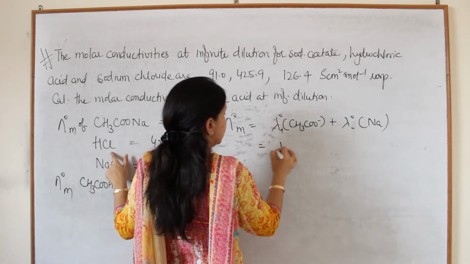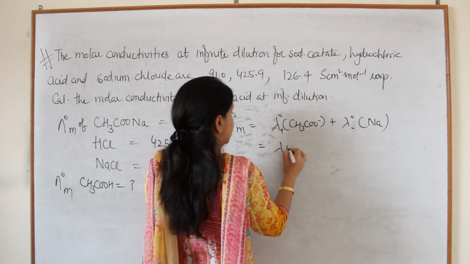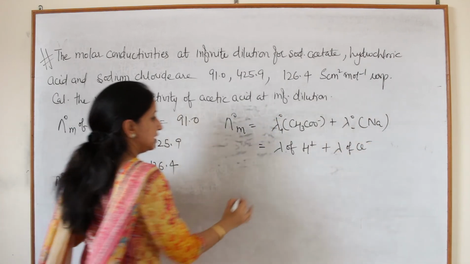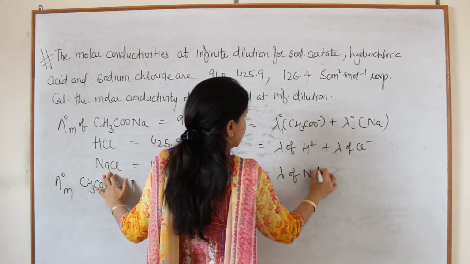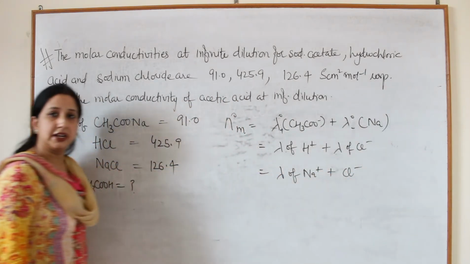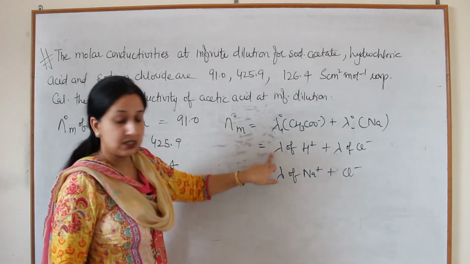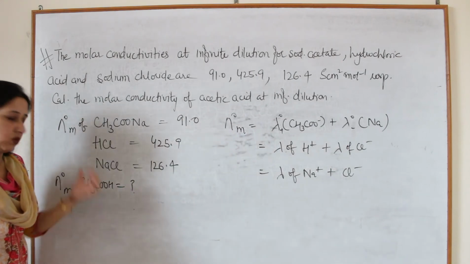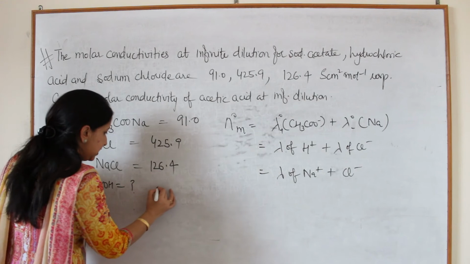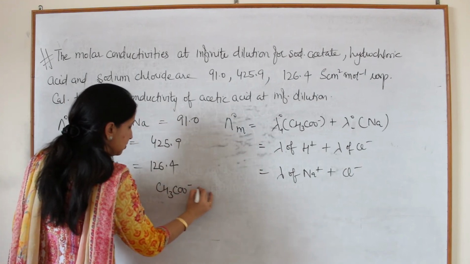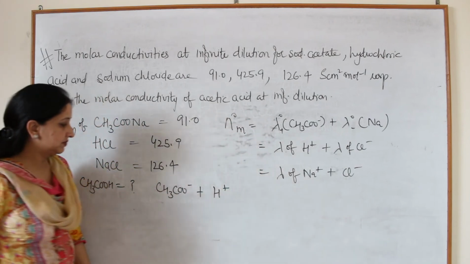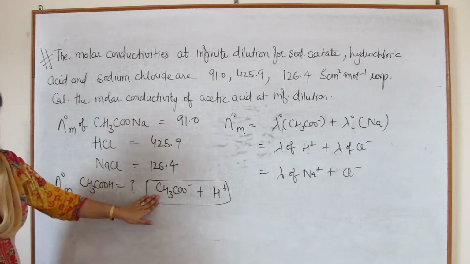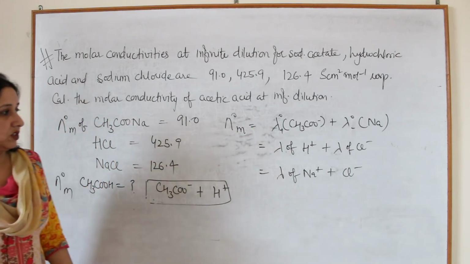Similarly, it can be lambda of H positive plus lambda of Cl negative, and this will be equal to lambda of Na positive and Cl negative. With the help of these three equations, we have to find the value for CH3COOH. It dissociates as CH3COO negative plus H positive.